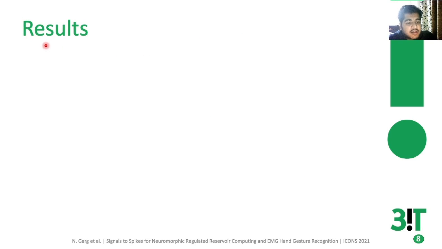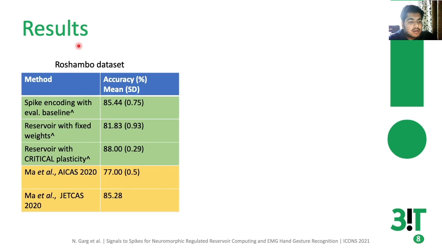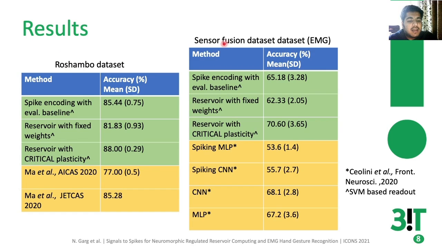We then present the results of classification for the Rochambeau dataset and sensor fusion dataset. We report the threefold cross-validation accuracy in the form of mean and standard deviation for our methods and methods reported in past studies. We obtain 85.4% accuracy for spike encoding and evaluation baseline, 81.83% for reservoir with fixed weight, and 88% for reservoir with critical plasticity algorithm.